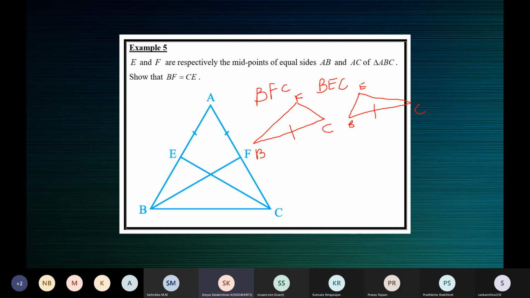Ma'am, sorry, ma'am. BF is equal to CE only, ma'am. Ma'am, BE is equal to FC. Reason.